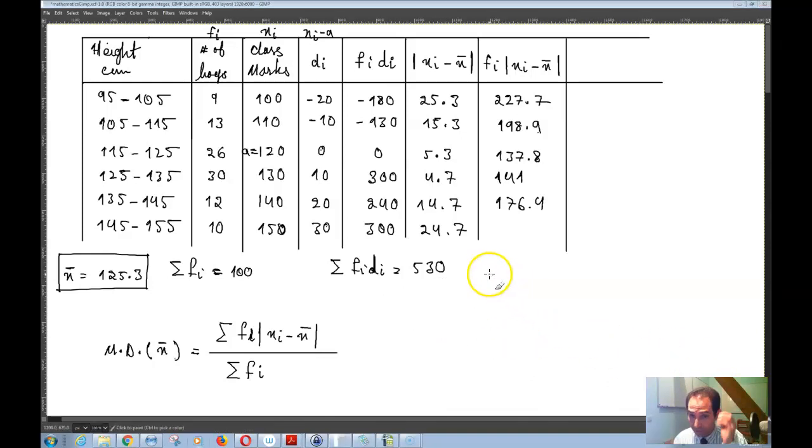And then you have 10 times 24.7, which is 247.